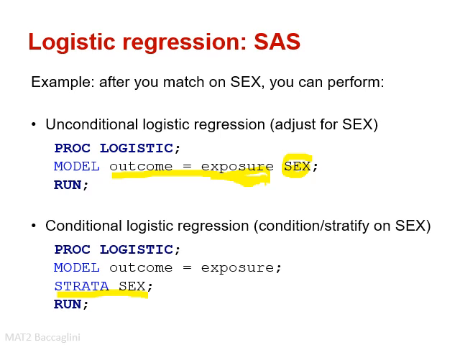If you had a lot of strata, not just two strata like male or female, then you would want to use conditional logistic regression. If you had another variable that you matched on that maybe has 2 or 3 strata, then you can use proc logistic with the unconditional. So you could use the unconditional logistic regression.